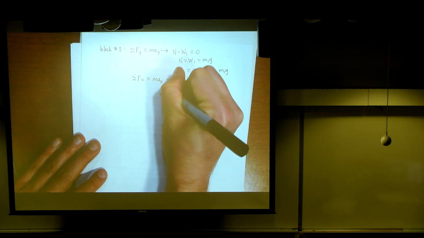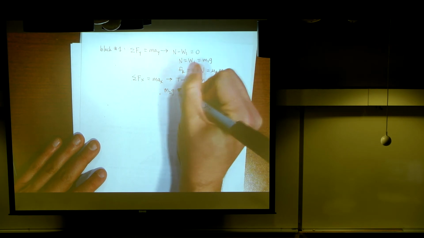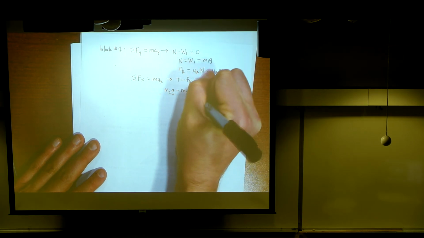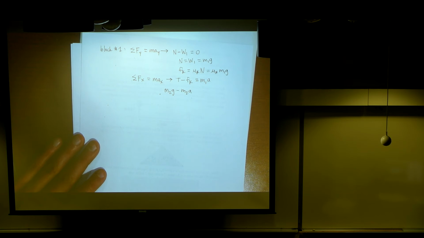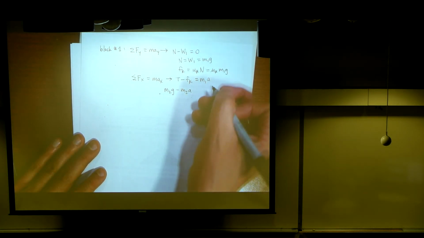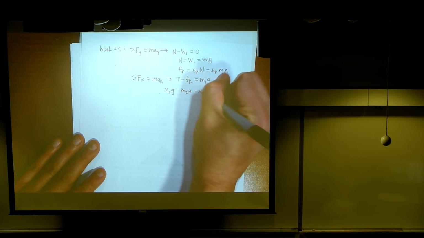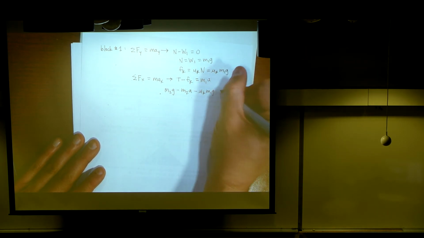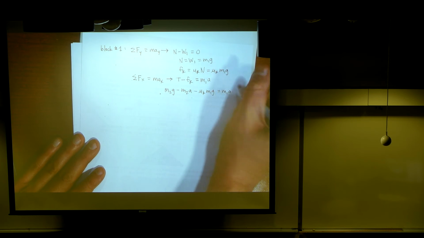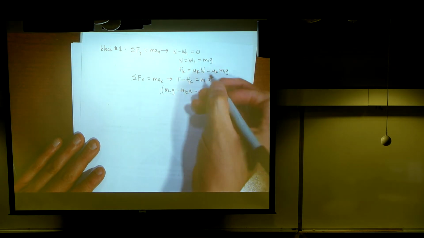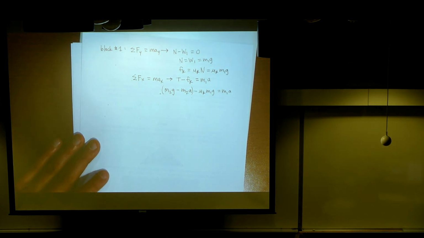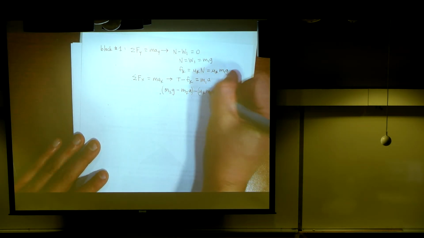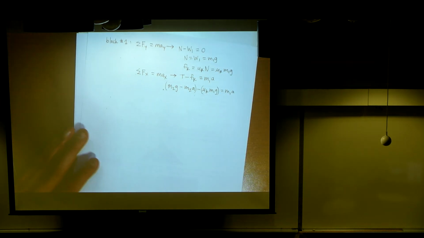So here we go. We have M2G minus M2A, that's our tension. And then for the kinetic friction, we have minus mu K M1G. That equals M1A. So here, in parentheses, that's where I subbed in for the tension, and that's where I subbed in for the friction, just so you can see it.